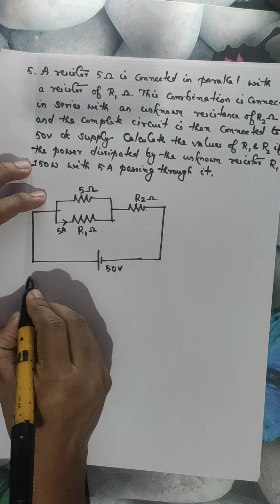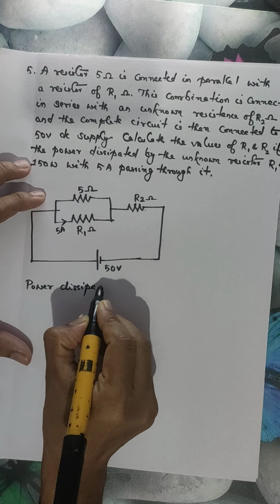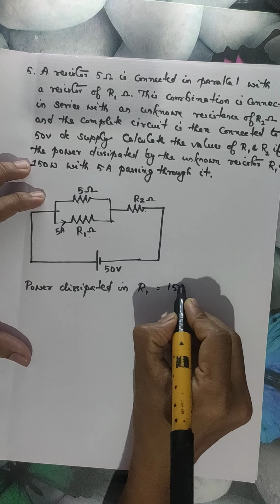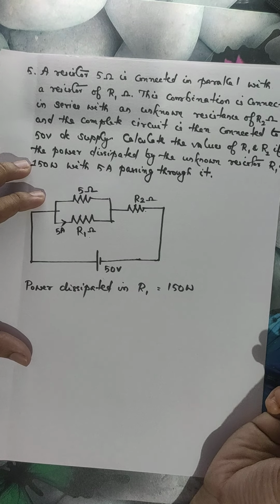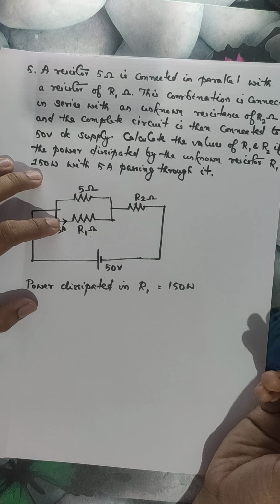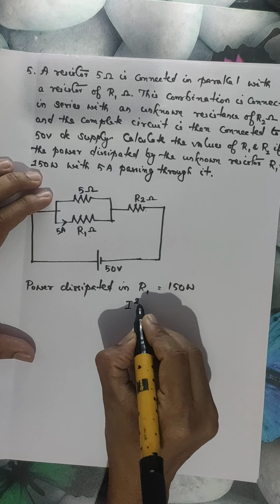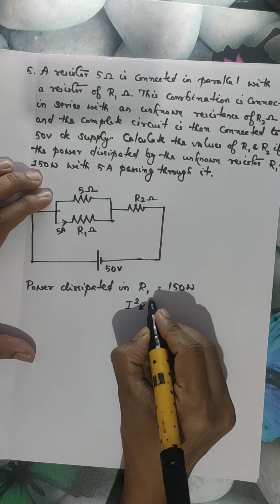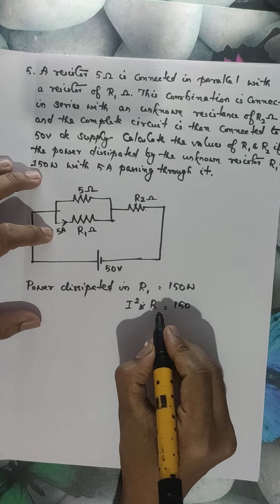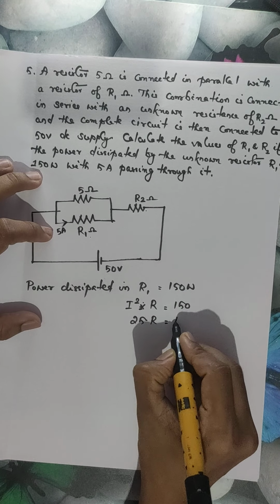So power dissipated in R1 is equal to 150 watt. Now what is the equation for power dissipation? Here we know the current flowing through it, so let us use the equation I square R. I square into R is equal to 150, and here I is given as 5 ampere, so I square is 25. 25 into R is equal to 150.